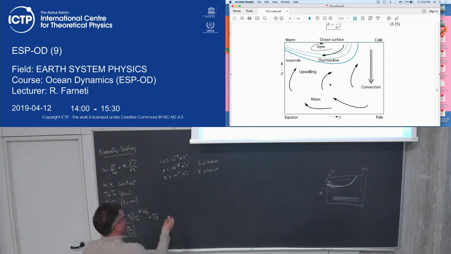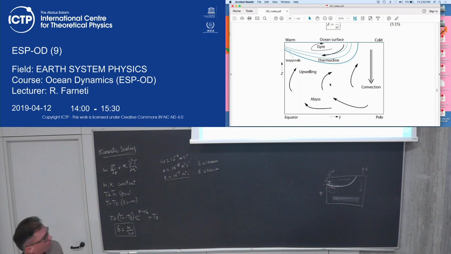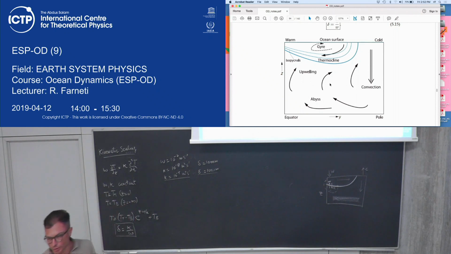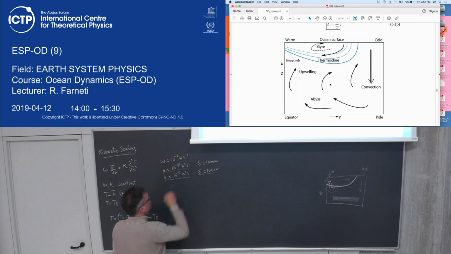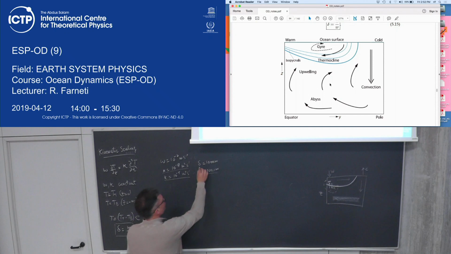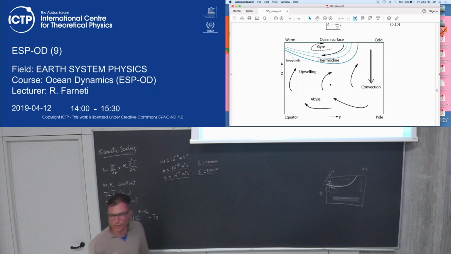Okay, so observed values are on the order of 10 to the minus 5, and it gives you a thickness of the thermocline which is something like 100 meters, which is too thin. If you use a much higher eddy diffusivity, 10 to the minus 4, which you can find somewhere in the ocean, but as a global average is way too large, then you get an estimate which is closer to reality, 1,000 meters.